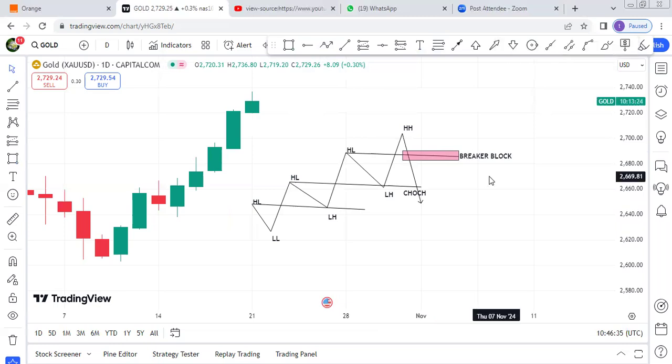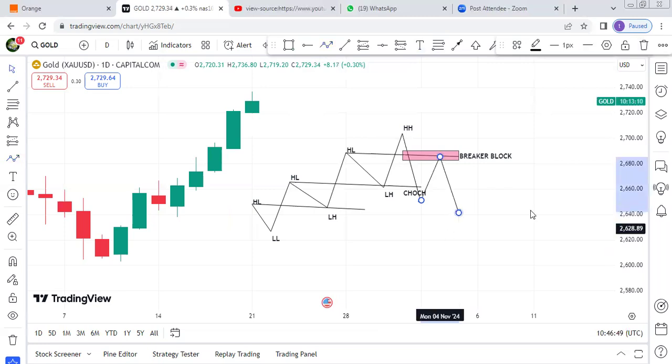If the market breaks the breaker block, we want to see the market now retracing back to where it broke, retrace back to that level, and then it shoots up or shoots down. So this area is regarded as a breaker block.